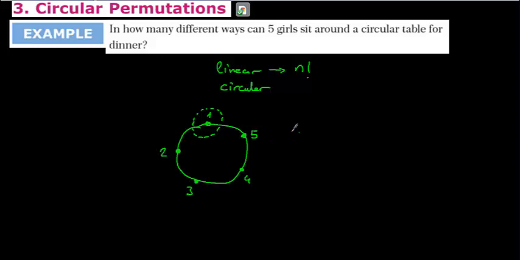So if there are n terms in a circular permutation, there are n minus 1 factorial different ways you can order the things. Here there are 5 girls who can sit around the circular table. 5 minus 1 factorial different ways makes 4 factorial, which is 4 times 3 times 2 times 1, equal to 24.